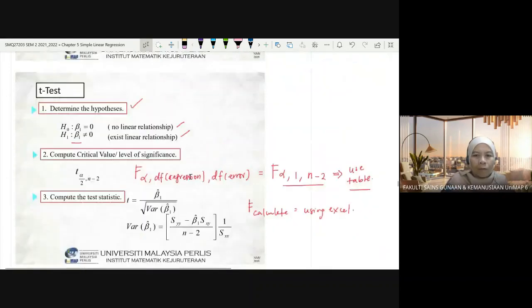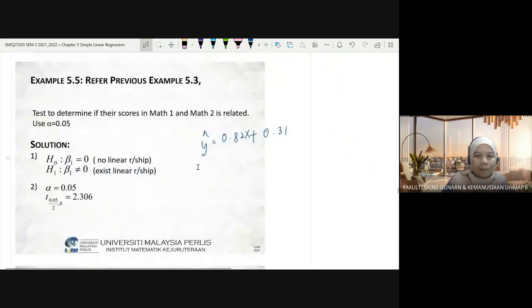Okay, the model that we are testing is this particular model, 12.31 plus 0.82x.